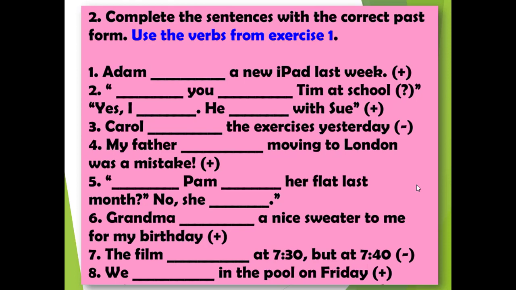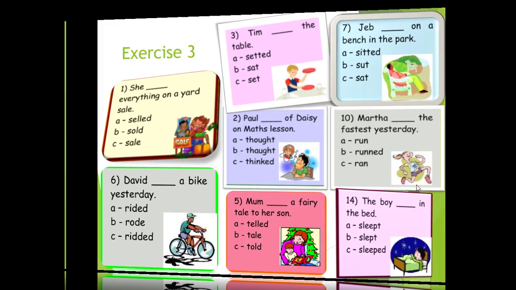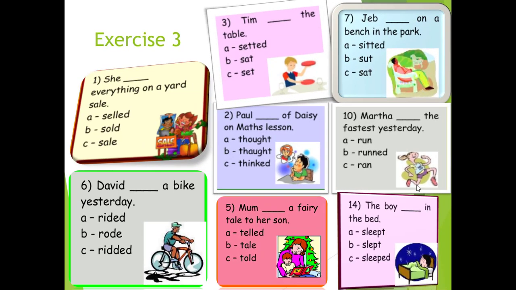Remember that the plus means affirmative, the question mark means interrogative, and the minus mark or the dash means negative form. Okay? And in the last exercise, you just have to choose one correct choice. For example, we have in the first one, she everything on a yard sale. So, is it sold or sold or sell?